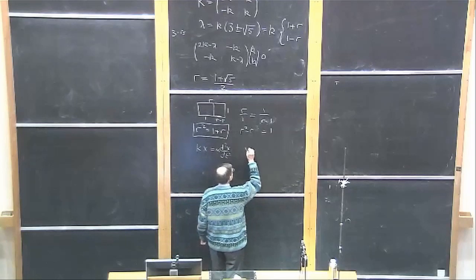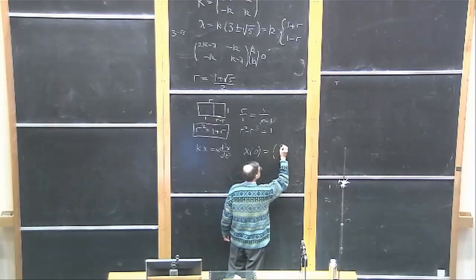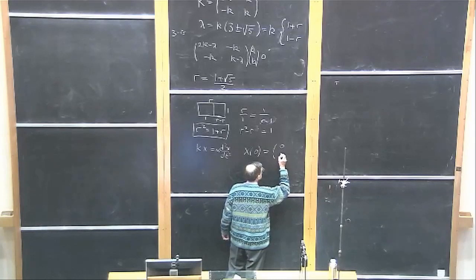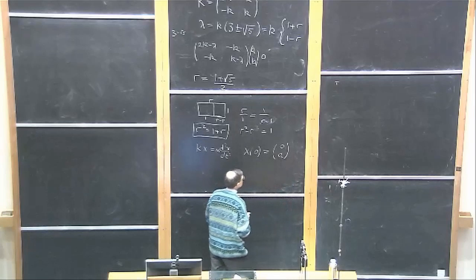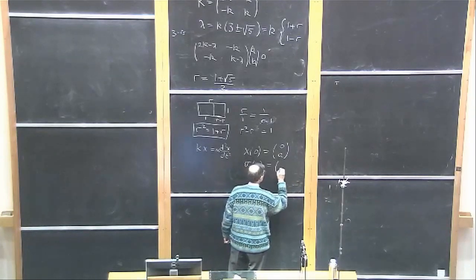And the initial condition is top mass not stationary, that one displaced in the positive direction by A. V of naught is naught.